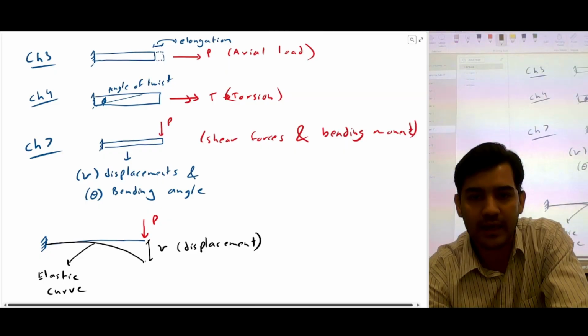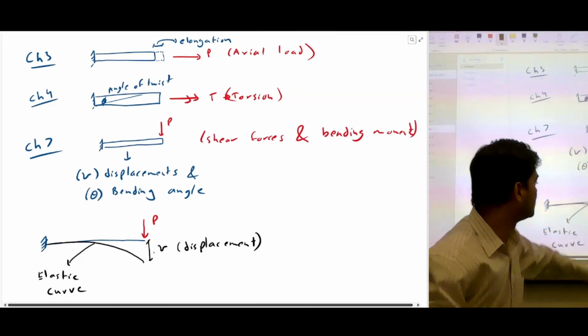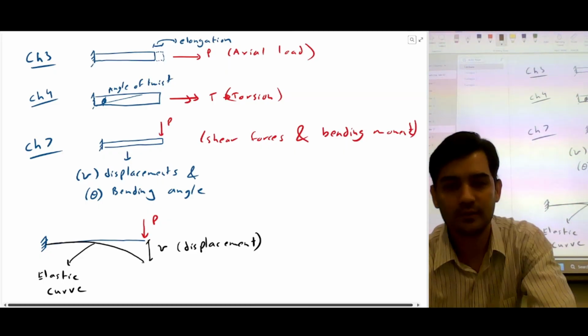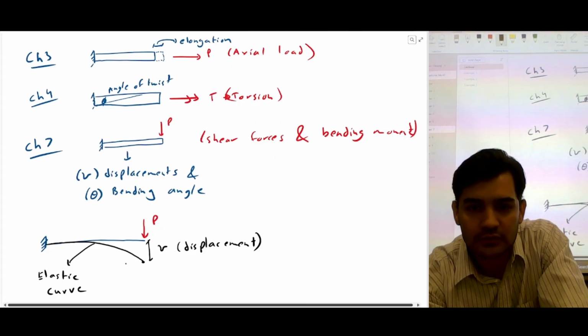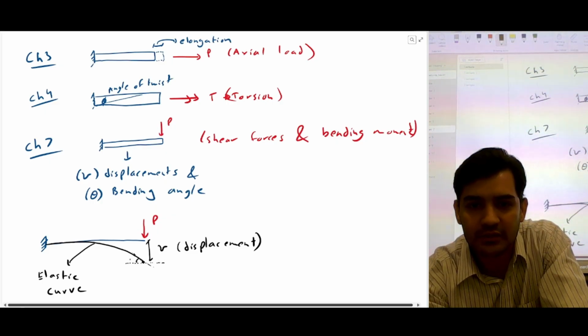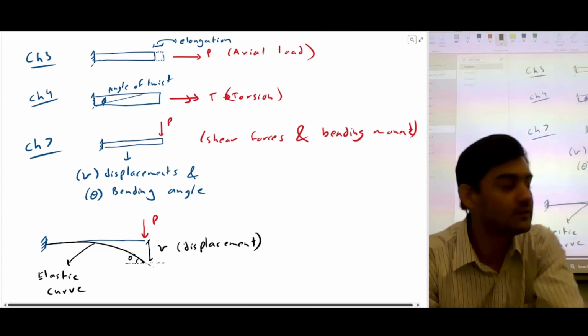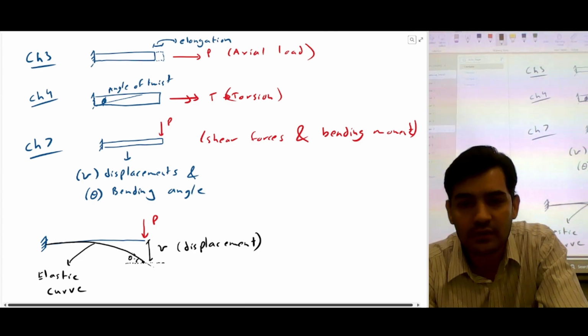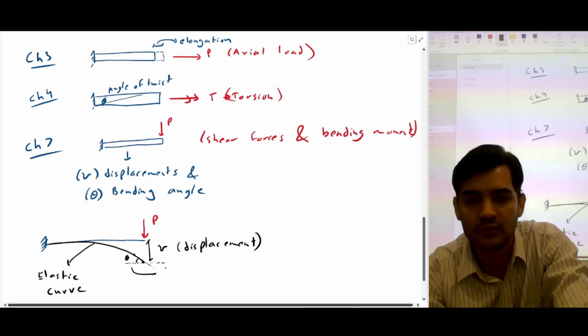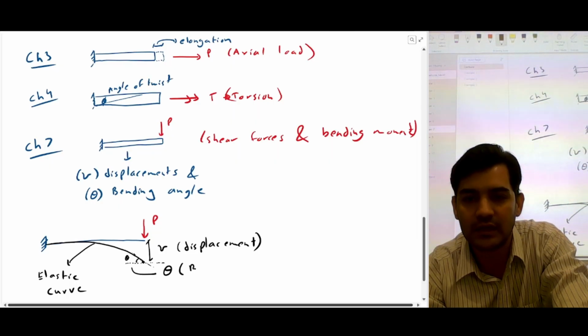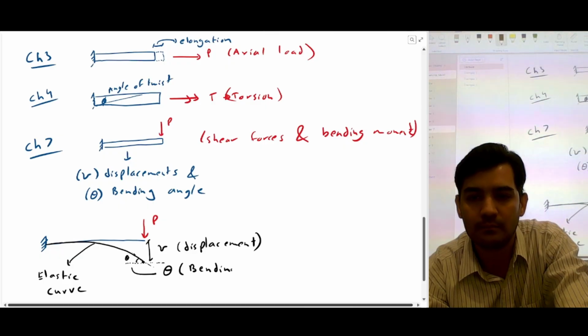And you also have, if you try to take a slope at any point, so for example, if I want to take a slope at this point, how you calculate slope is you take a straight line and you make a tangent, and this is called theta. So this is theta, which is bending angle.